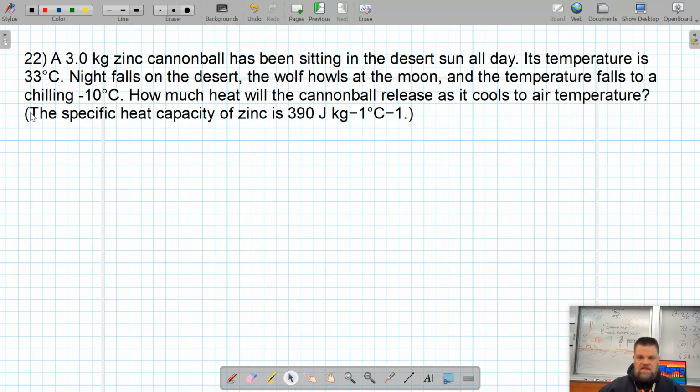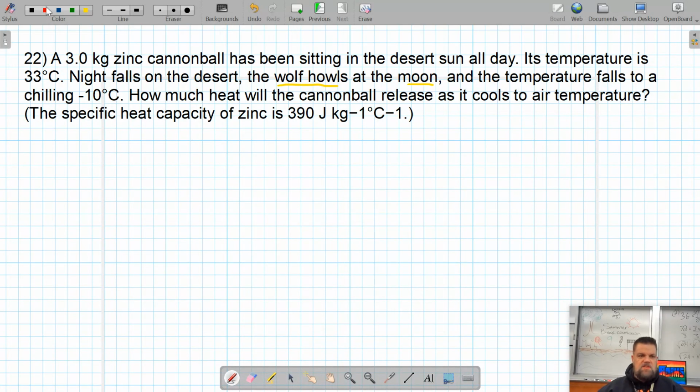Night falls on the desert. A wolf howls. Hold on, we might want to highlight that. There are wolves howling at the moon. And then the temperature falls to a chilling negative 10 degrees Celsius. How much heat will the cannonball release as it cools to air temperature?